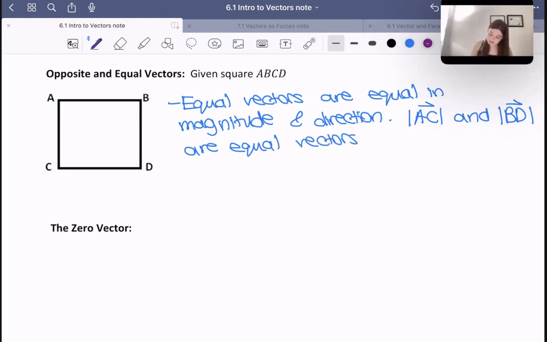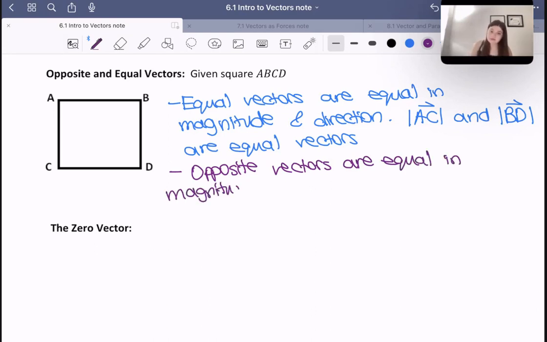My second point is that opposite vectors are equal in magnitude but have opposite direction.